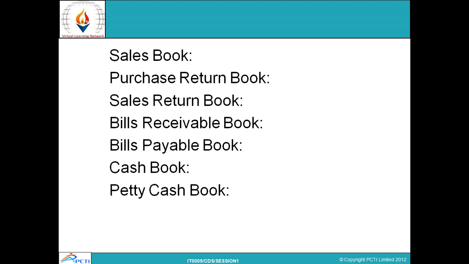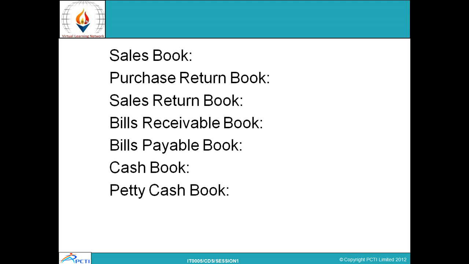This is known as a two-column cash book. In the case of a three-column cash book, on the receipt side, cash, bank and discount allowed columns are also stated. So it can be of three columns, that is cash, bank and discount. That is what the cash book is all about.